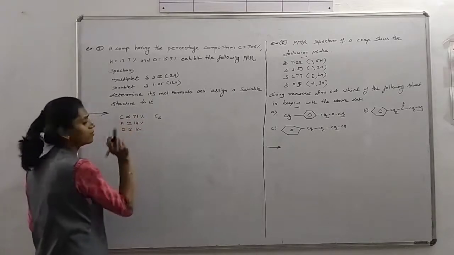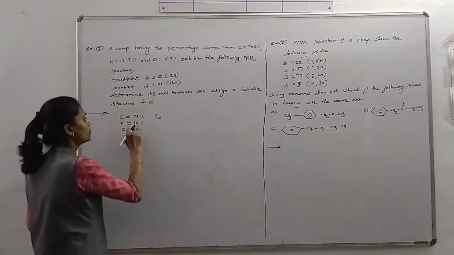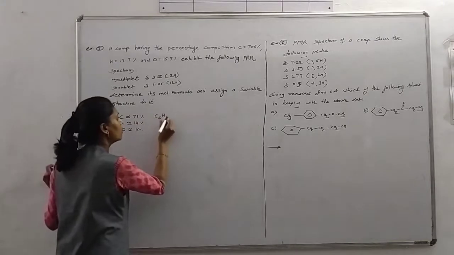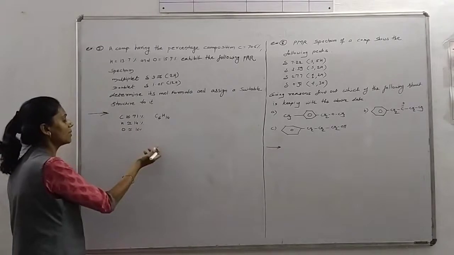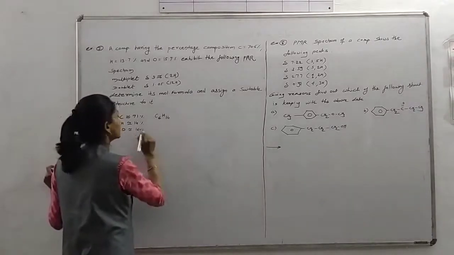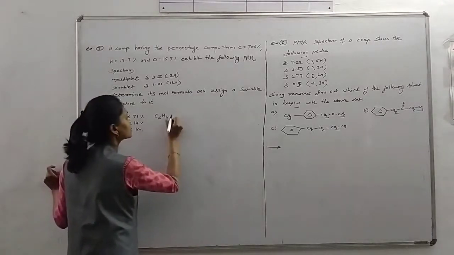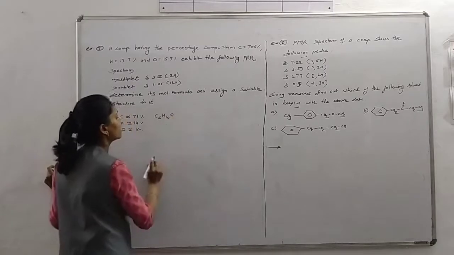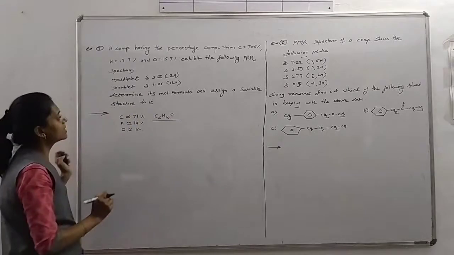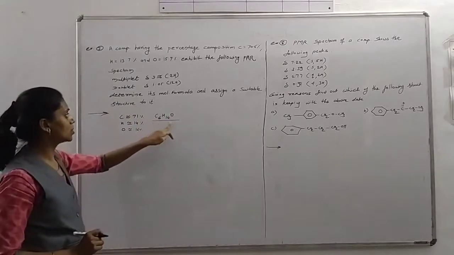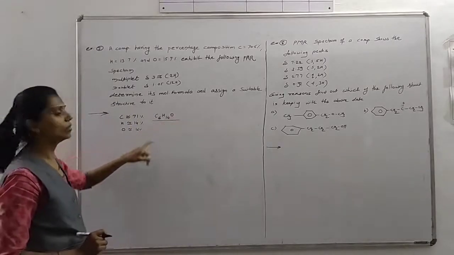Here, the mass of hydrogen is 1, so we have considered 14. Okay. And next is oxygen, mass approximately 16, and again the 16%. So the molecular formula for this example is C6H14O.